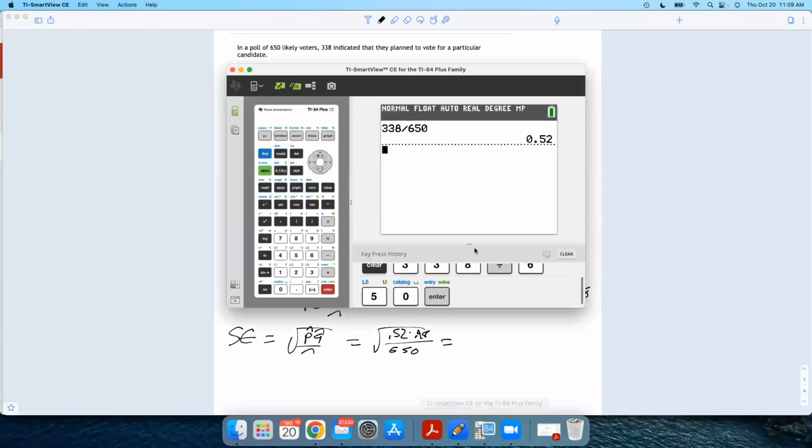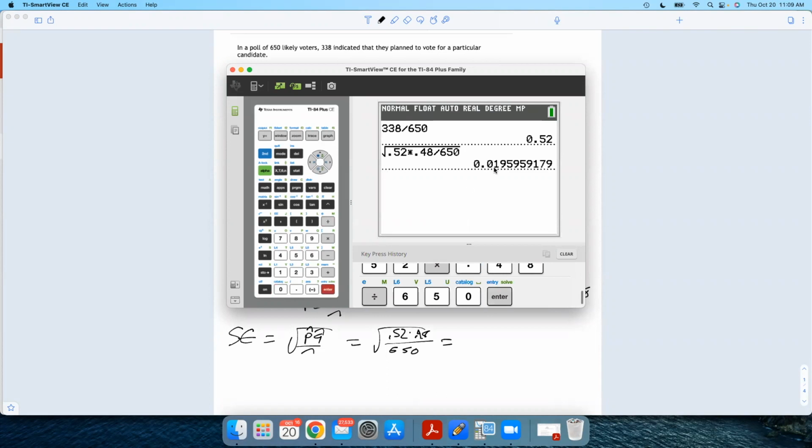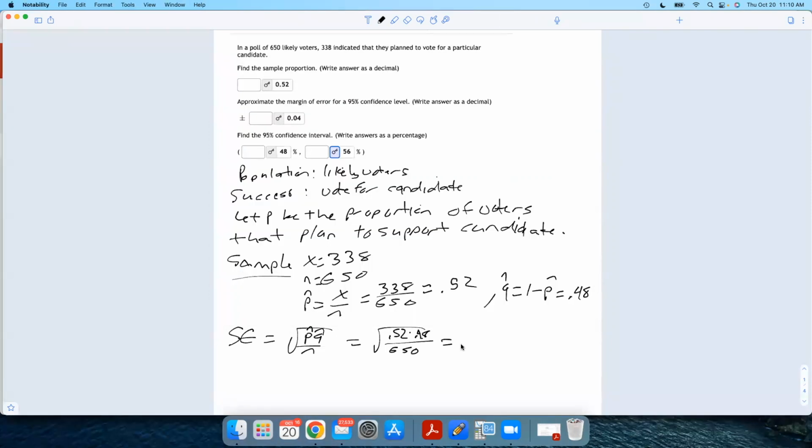All right, so let me throw that in the calculator. 0.01, well, that's definitely going to round up. So I'm just going to call this 0.02.